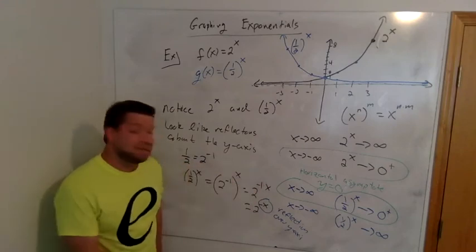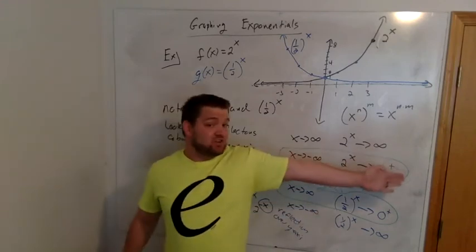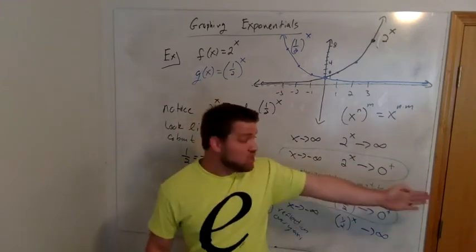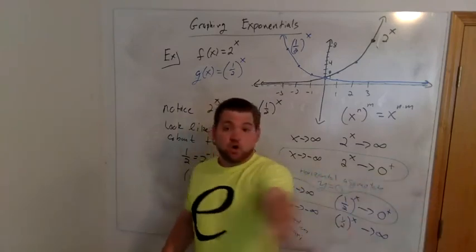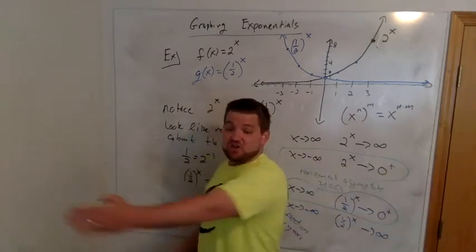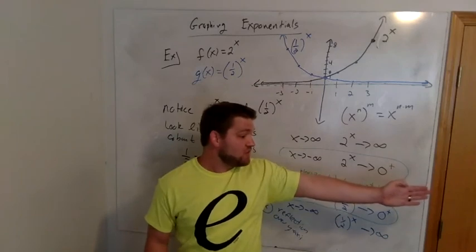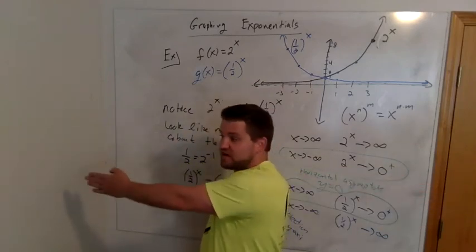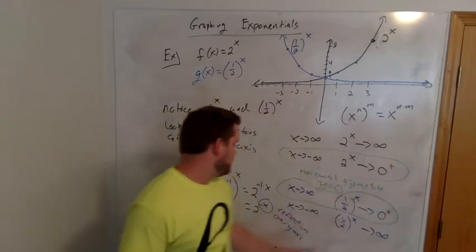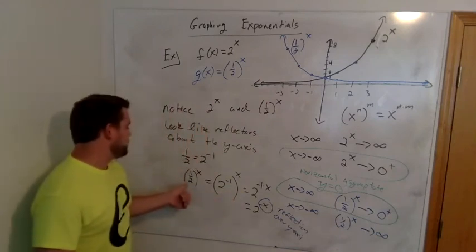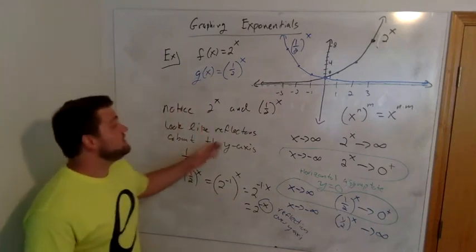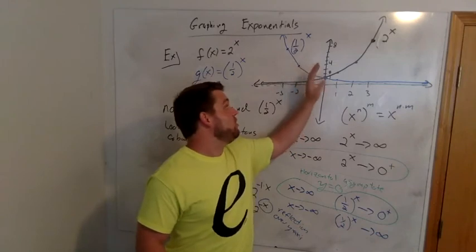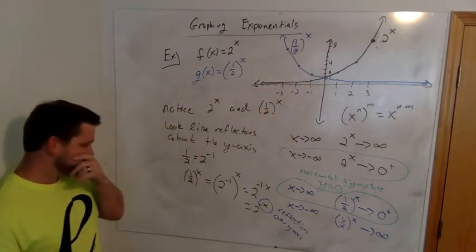When you put a negative on the x value, it reflects over the y-axis. The x values that were positive are now negative, and the negative values are now positive. So it's no surprise that 1/2 to the x is just a reflection over the y-axis.